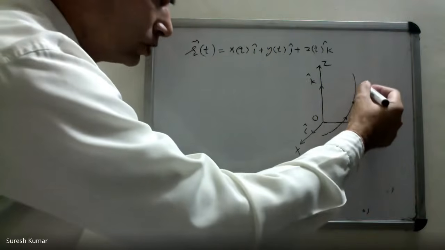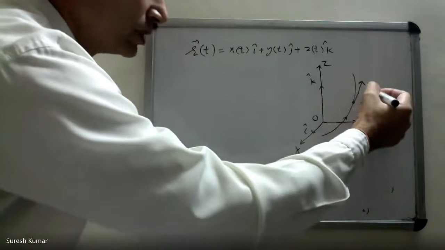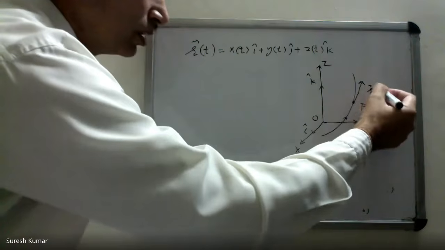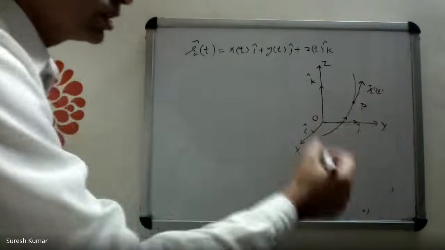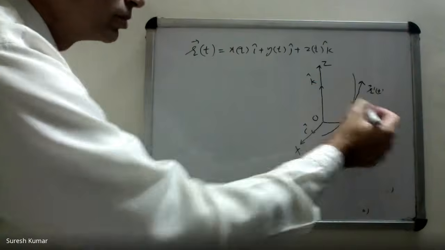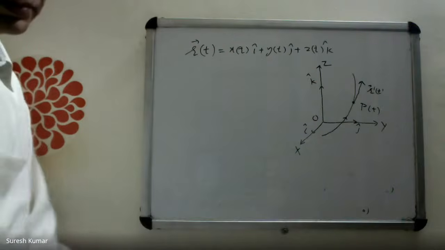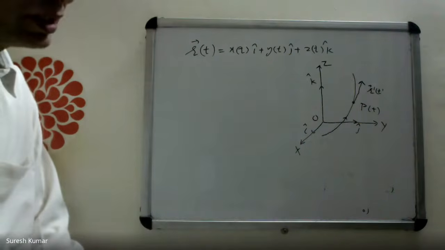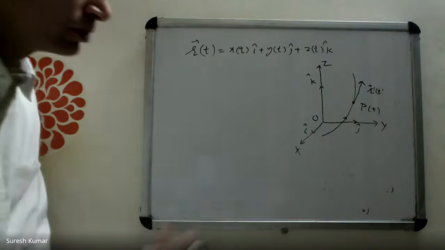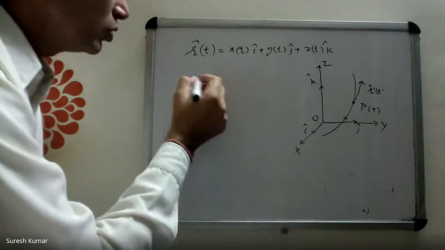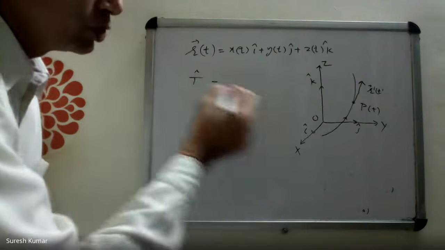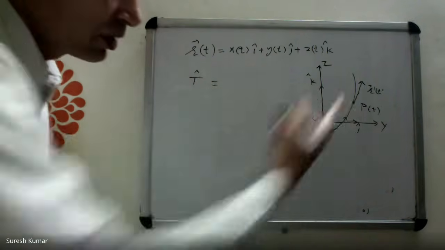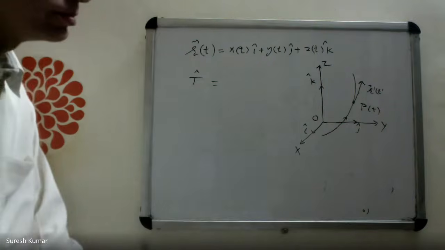One vector you already know, that r prime(t) is along the tangent to this curve at this point. So what is the unit vector T cap along the tangent direction?